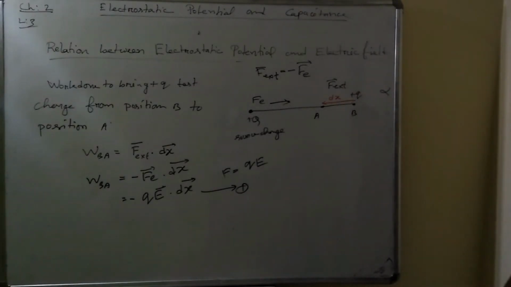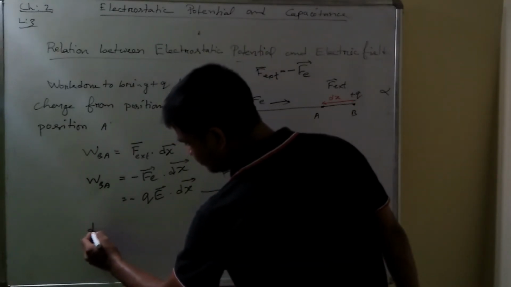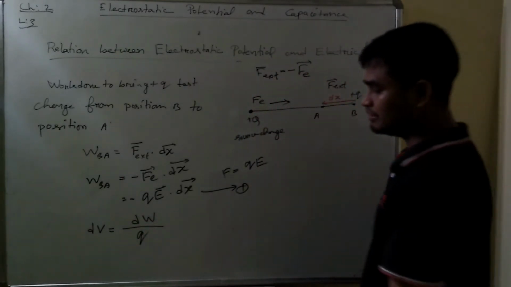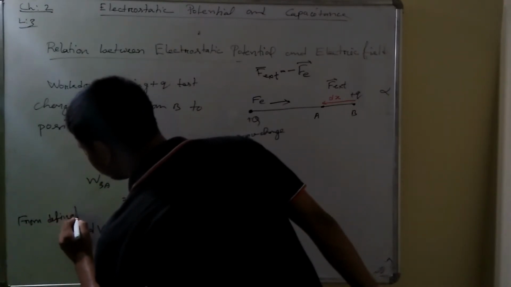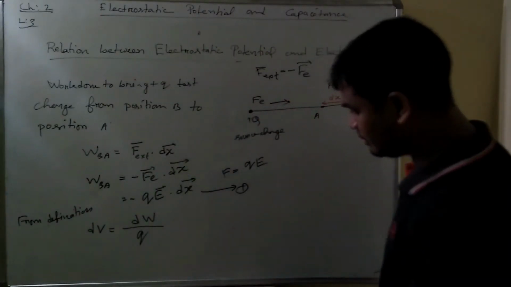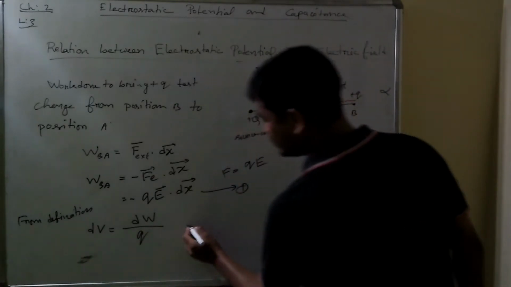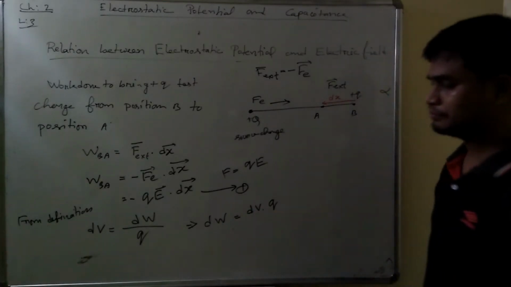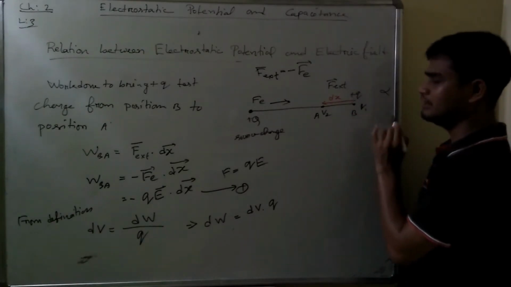Again, from the definition of potential, dV is equal to dW by Q. Therefore, we can write dW is equal to dV into Q. Here the potential is V1 at one point and V2 at the other.